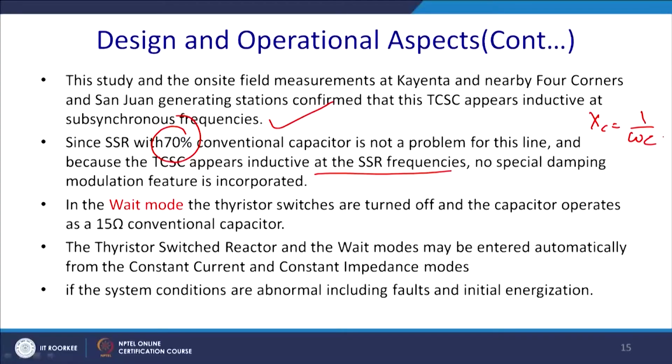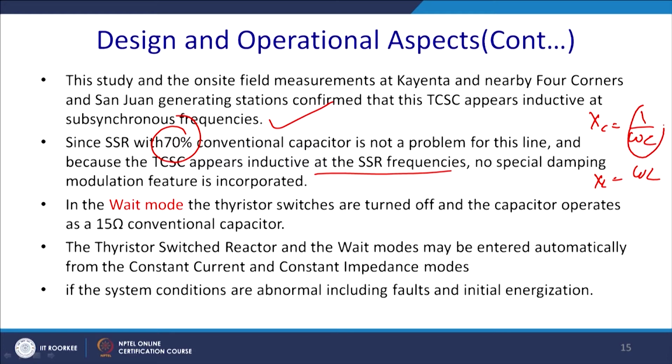Please understand that in any circuit, the capacitive impedance is XC equal to 1 by omega C and XL equal to omega L. So, what happens if the frequency is reduced?